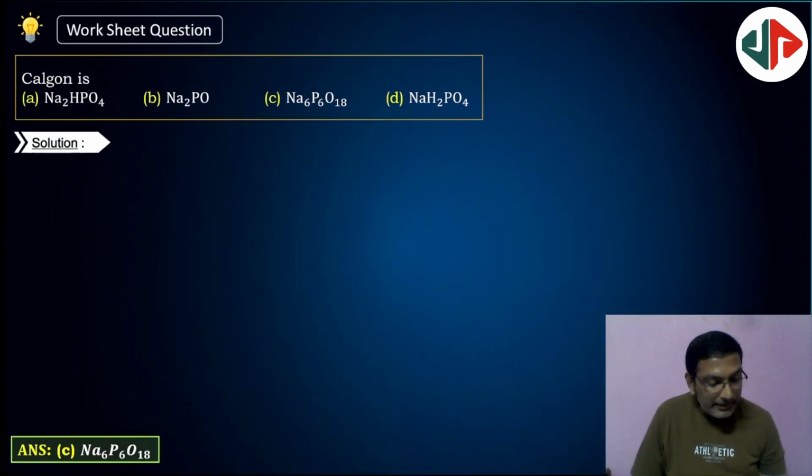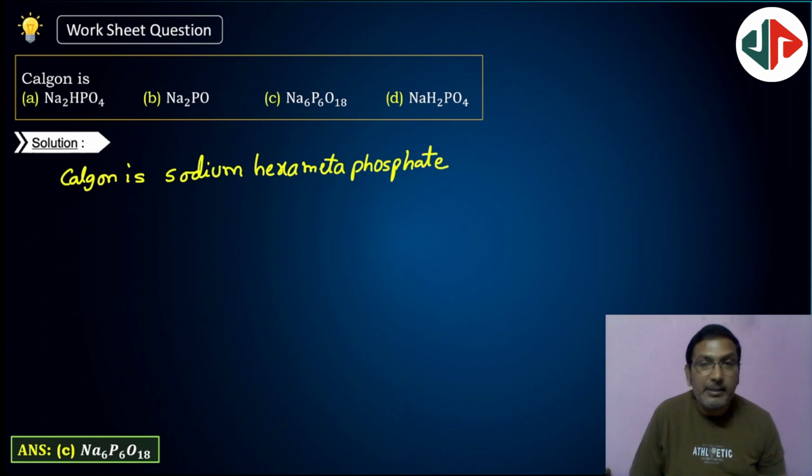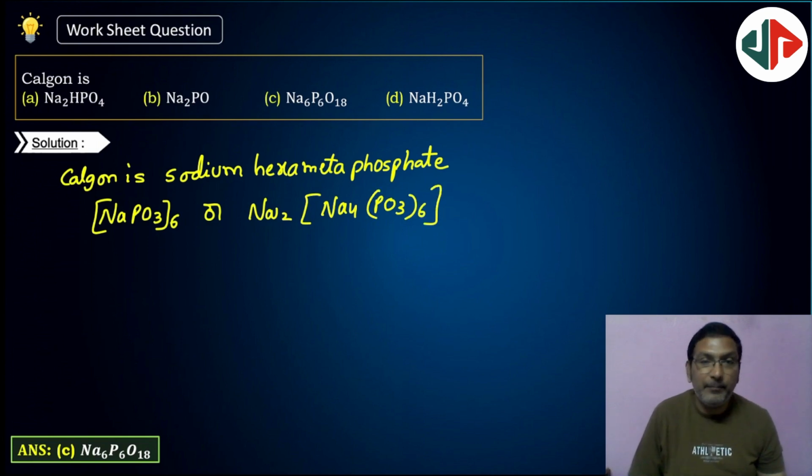So Calgon is sodium hexametaphosphate. That means Na(PO3)6, or we can write Na4[Na2(PO3)6], this is the actual formula.